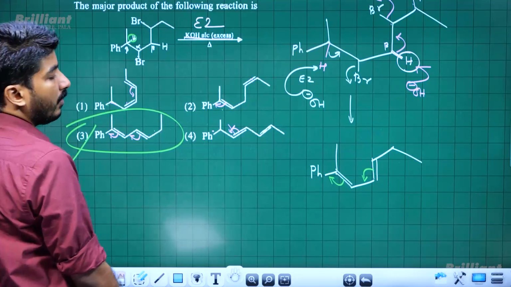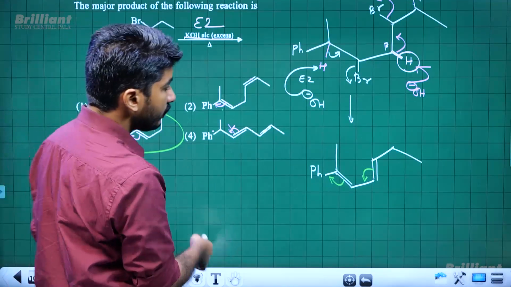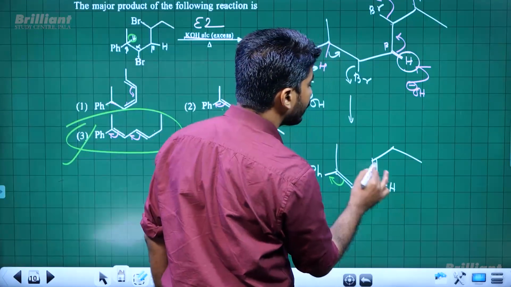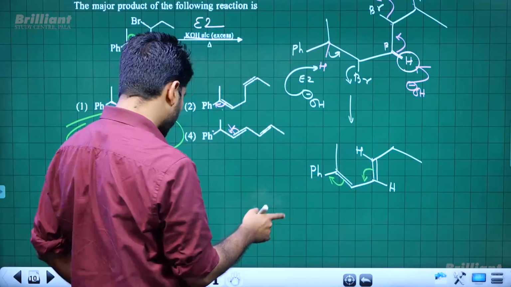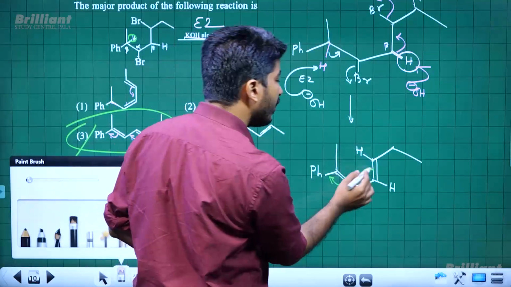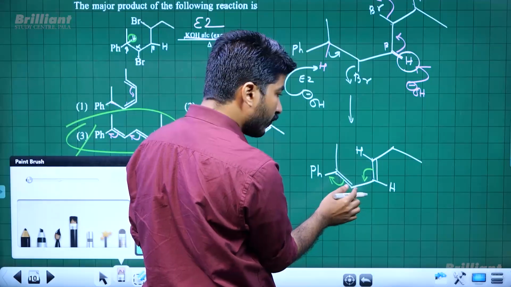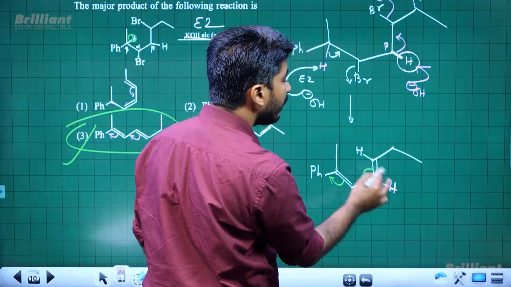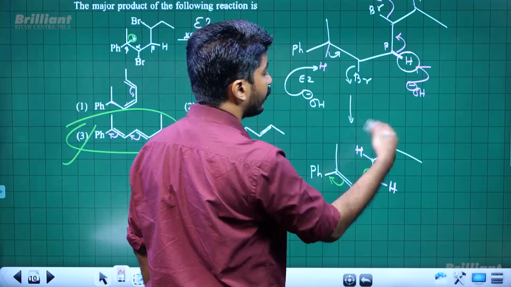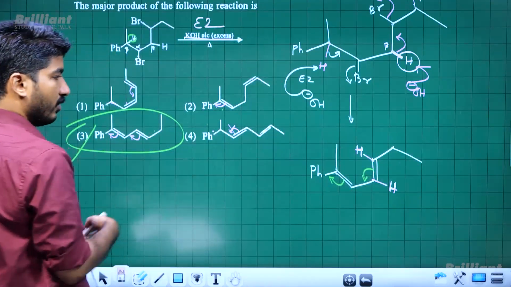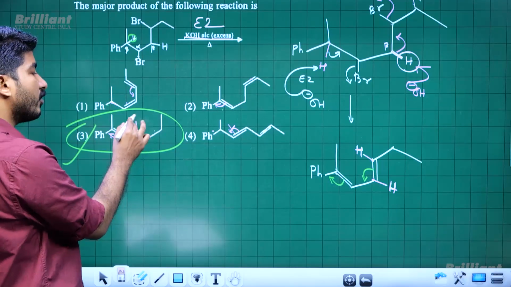Here we have shown it in trans geometry also, right? This is a trans. For the second alkene, this alkene part, there can be a confusion also. This should be shown in trans geometry. Trans is more stable, right? So that is more stable. The same thing is shown here also.